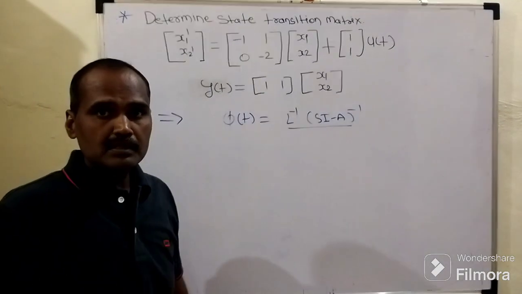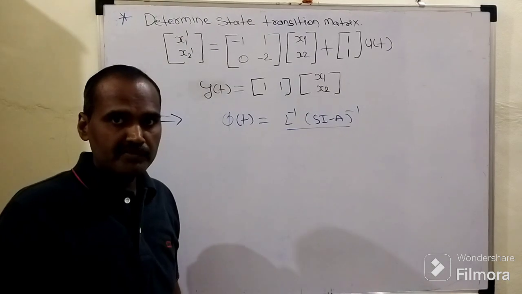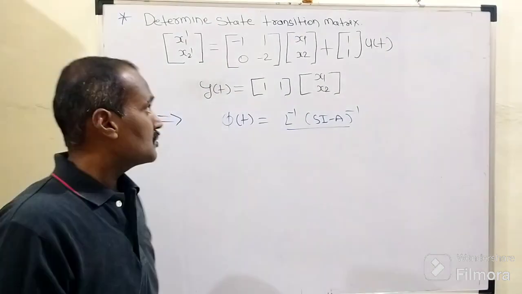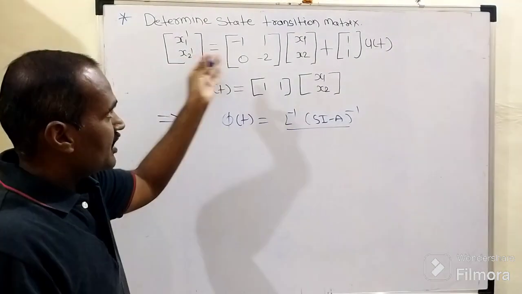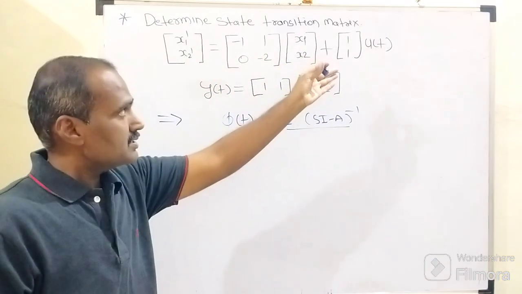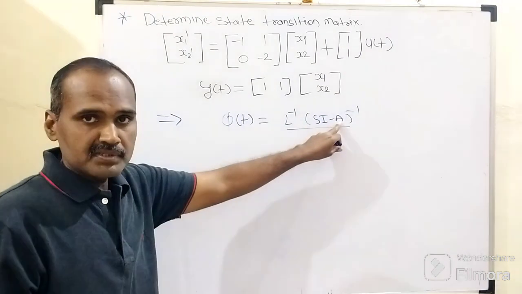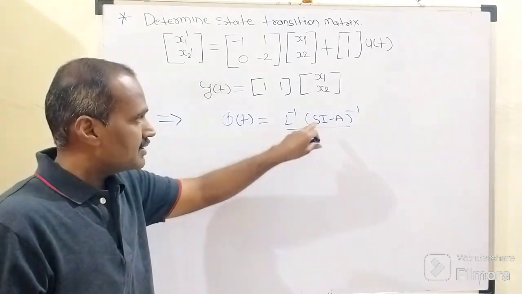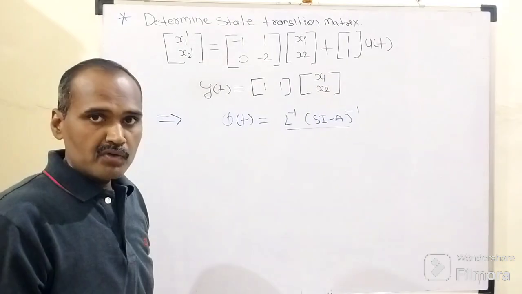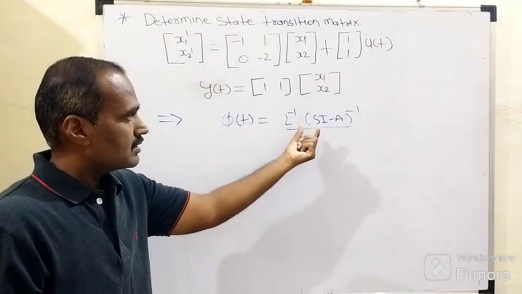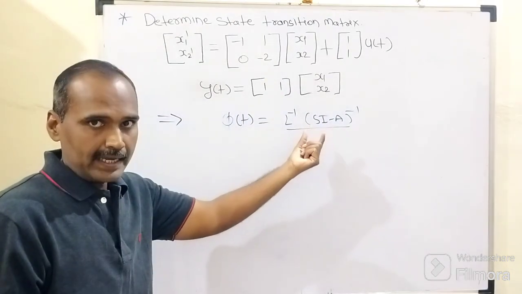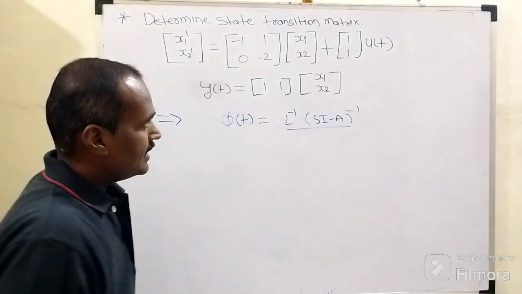With the help of this system state equation, we come to the conclusion that x dash equals Ax plus Bu. First of all we need to define the coefficients of the matrix A. Then after that we need to determine the coefficients of the matrix s times I, where I is the identity matrix.